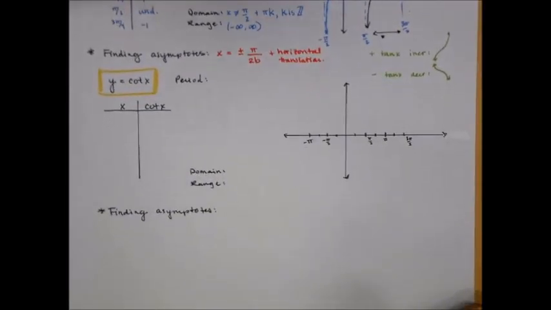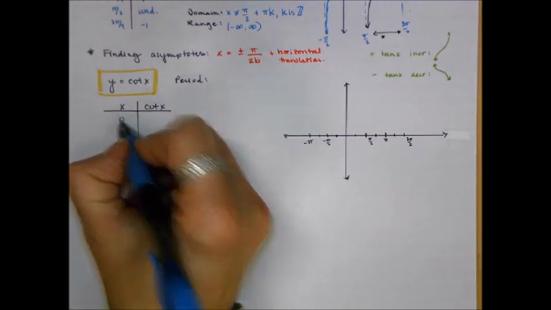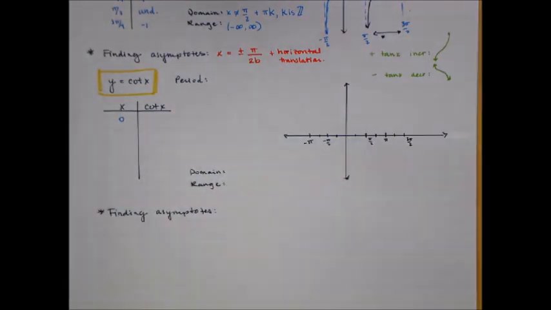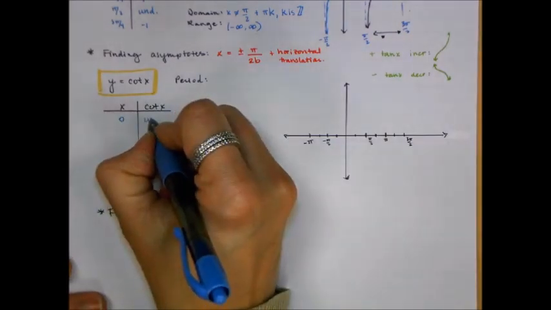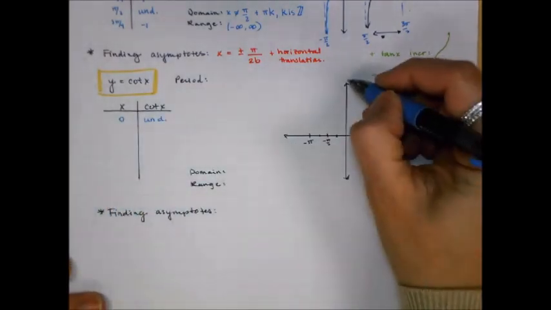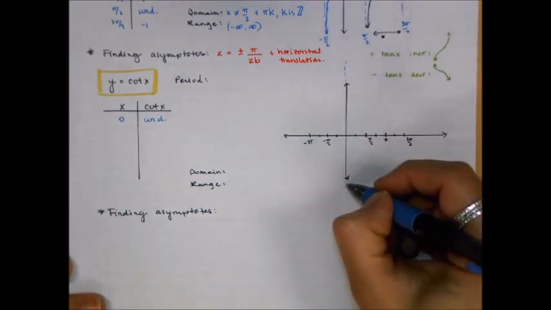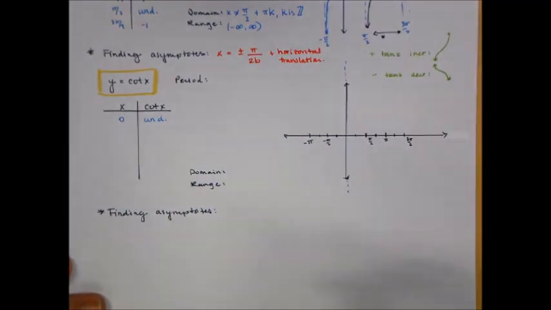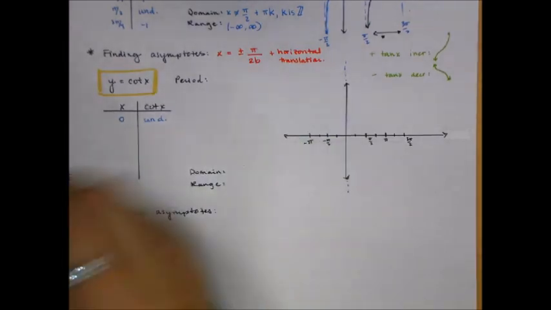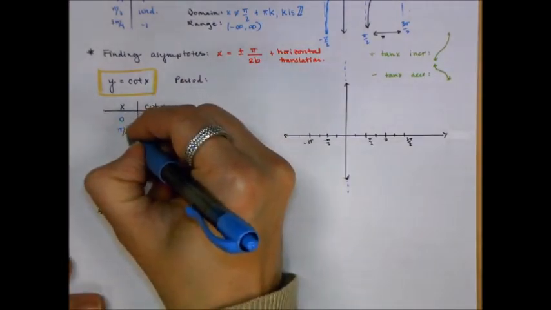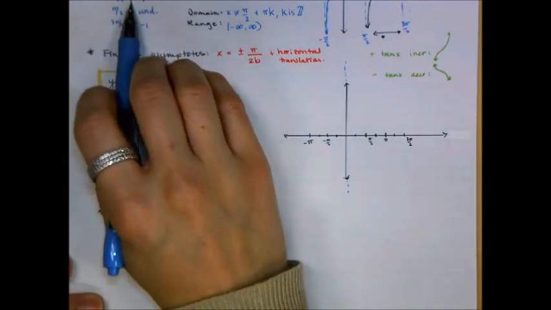Now, values here, very similar to tangent, starting with 0. Cotangent at 0 is x over y. So here we have 1 over 0, which is undefined, and we already have our first vertical asymptote on the y-axis. At pi over 4, just like tangent, pi over 4 is 1. The reciprocal is still 1.